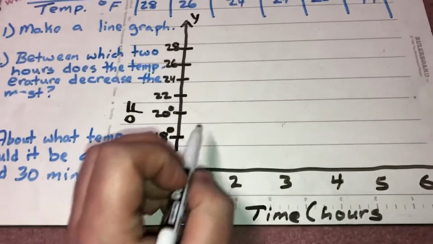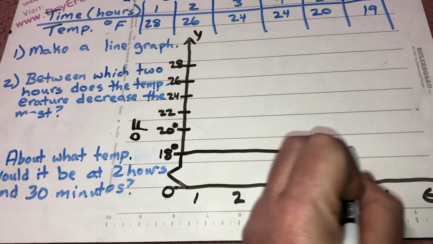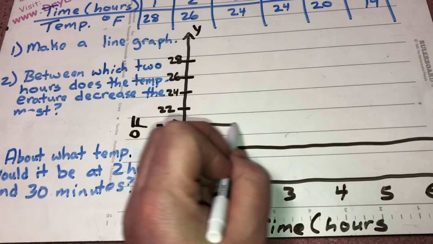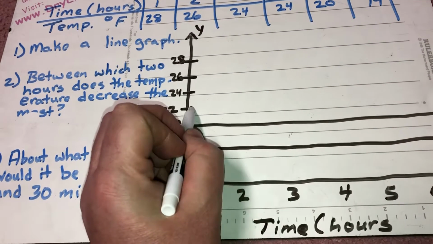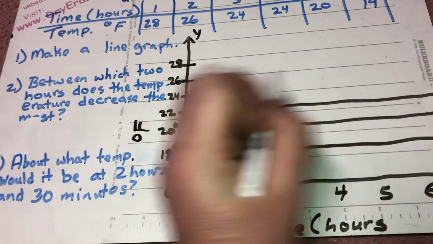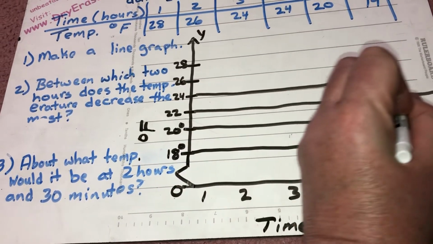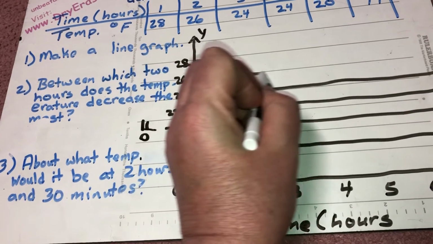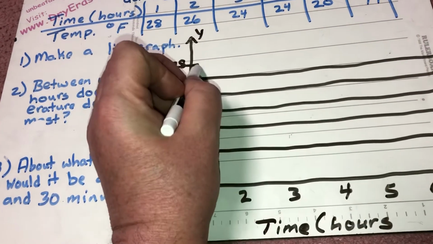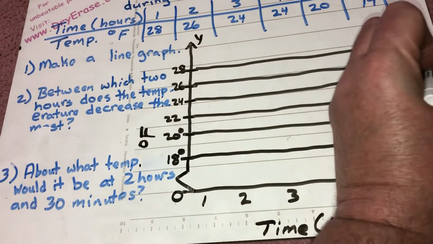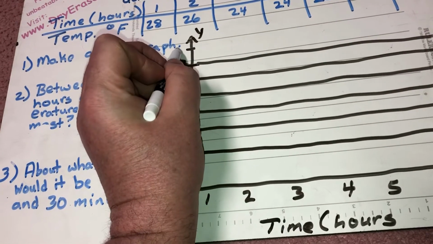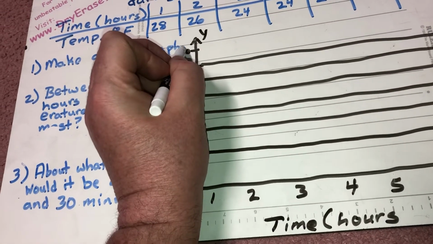All right, and so then I'm going to go ahead and put them across. Once again, I'm not necessarily worried about perfect. What I'm looking for is space and neat, easy to read. Notice, 5th graders, how I give myself a lot of extra space. I'm going to go ahead and put a 30 up there.